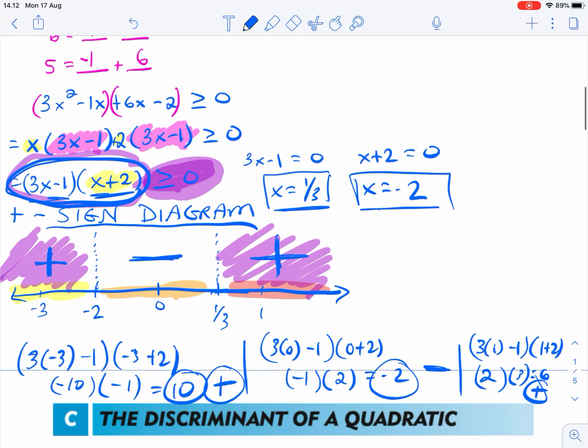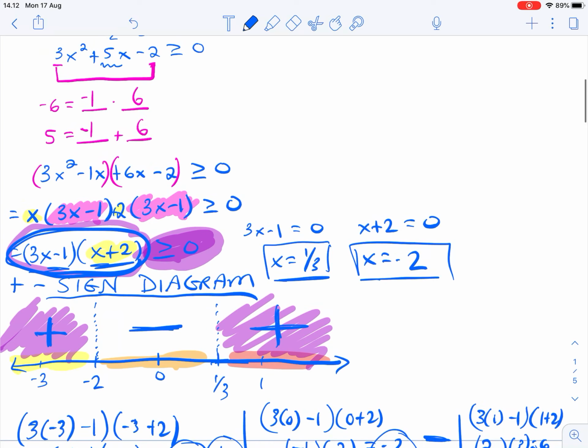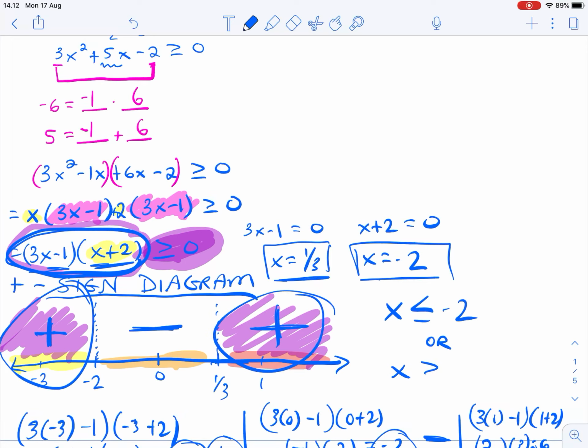So my final answer is x is less than or equal to negative 2, because this part is positive, or x is greater than or equal to 1/3.